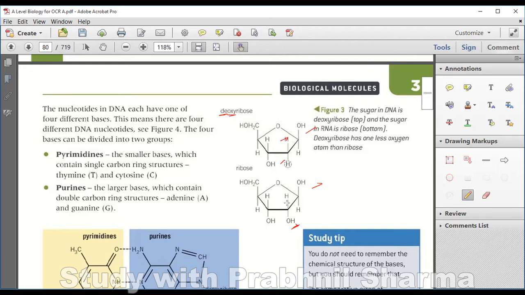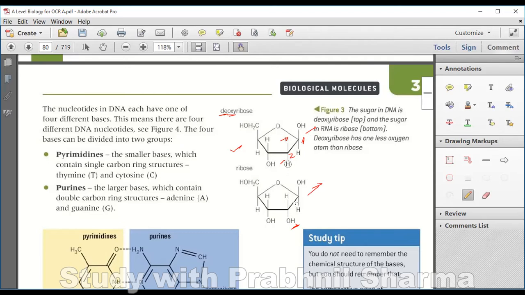Whenever oxygen is removed from a ribose sugar, we call it deoxyribose. This is the sugar for DNA and this is the sugar for RNA. The difference is on the second carbon: in deoxyribose, both are H, but in ribose, it is H and OH.